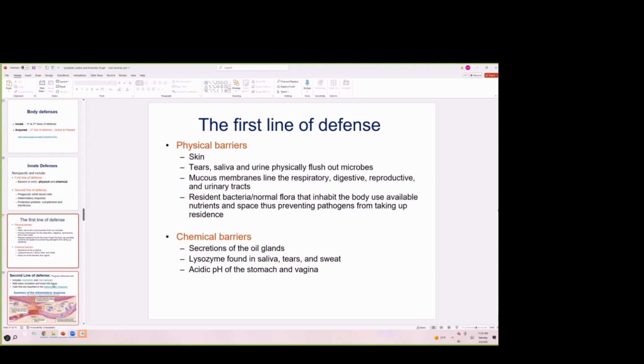And then the vagina also has a low pH, so that any bacteria that wants to get in that way is stopped. So between this combination of physical barriers, the mucus, and the chemical defenses, it limits or prevents a bunch of pathogens from getting in.